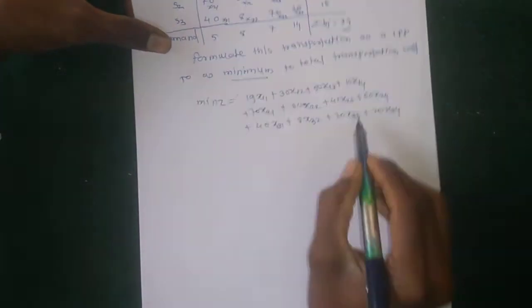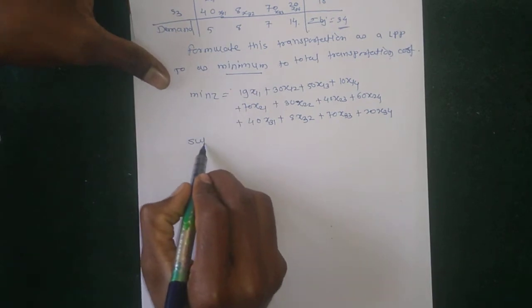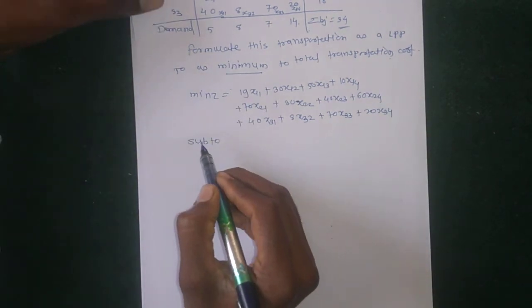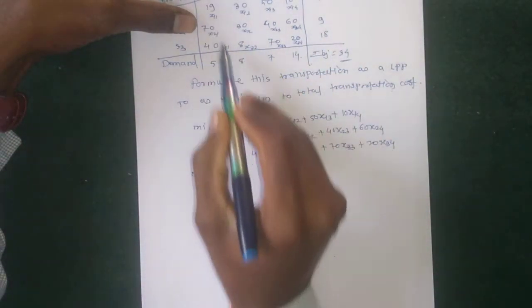This is our objective function, and subject to constraints, we take them column wise and row wise.